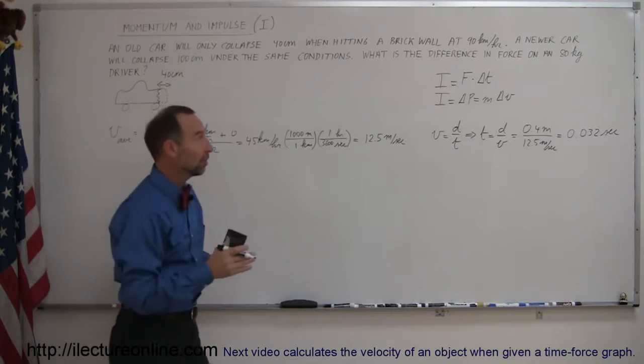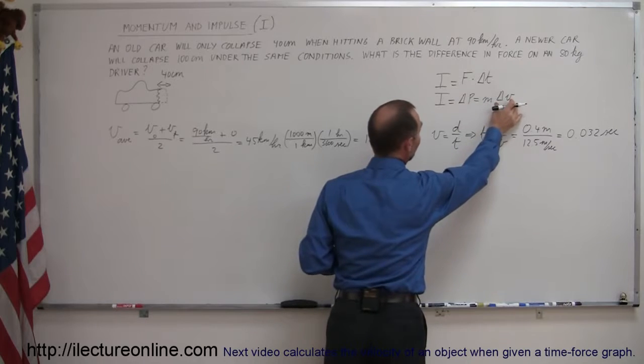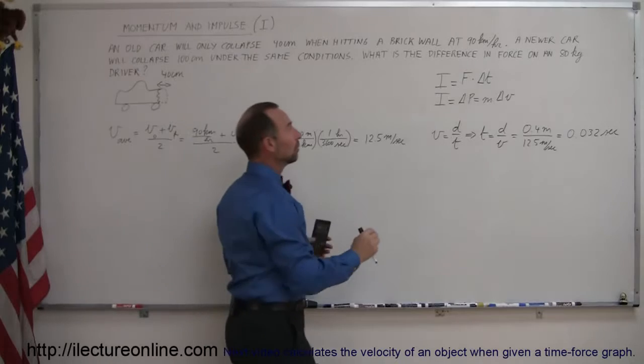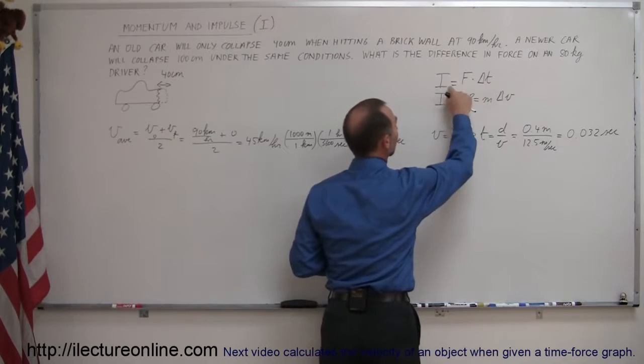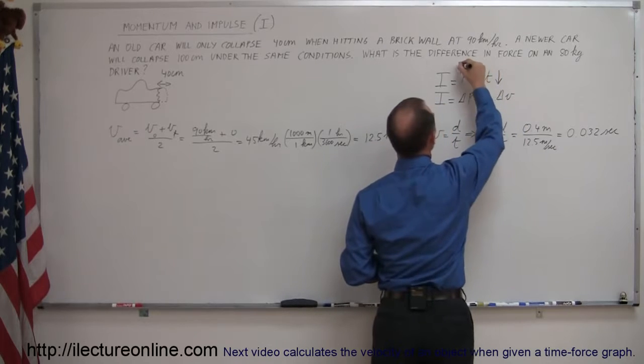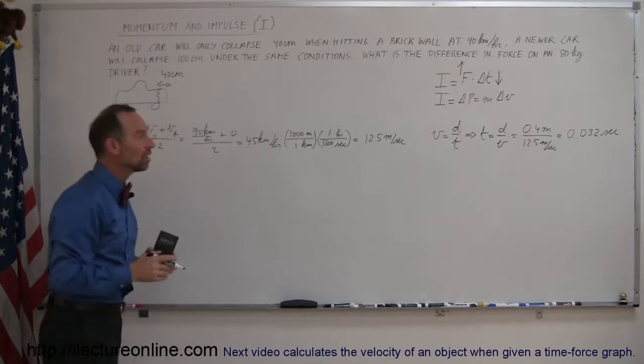The change of momentum will not change. It is still going from maximum velocity to 0, but it will do that over a short amount of time. A short amount of time for the same impulse means that we have a greater force. So if the time is less, the force must be greater to give you the same change in momentum.